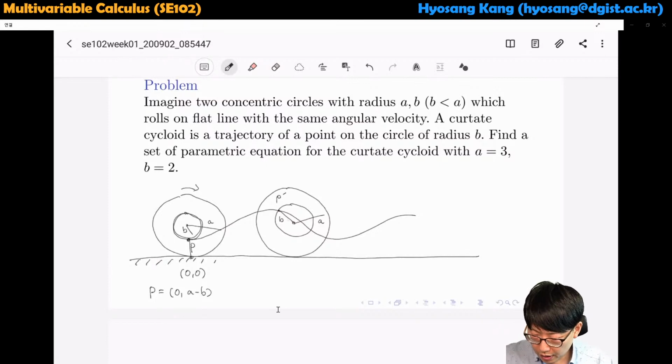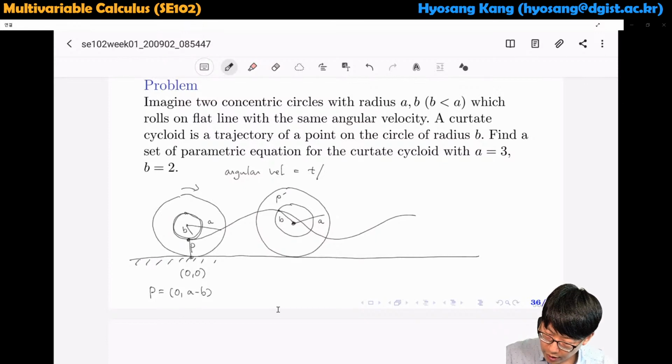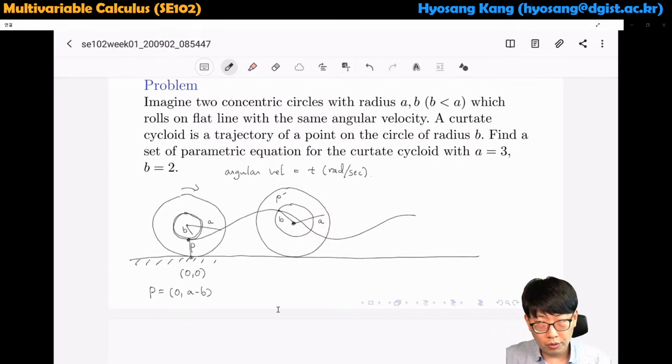I want to find out how far this center went at time t. Let's say the angular velocity is 1 radian per second, so it rolls 1 radian in 1 second.